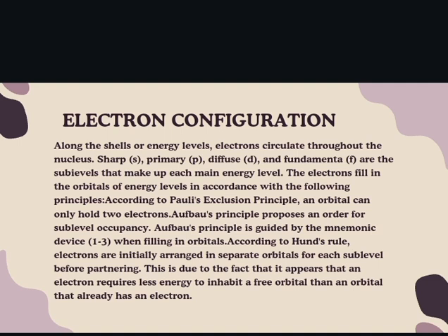The arrangement of electrons in orbitals around an atomic nucleus. The electronic configuration of an atom in the quantum mechanical model is stated by listing the occupied orbitals in order of filling, with the number of electrons in each orbital indicated by a superscript.